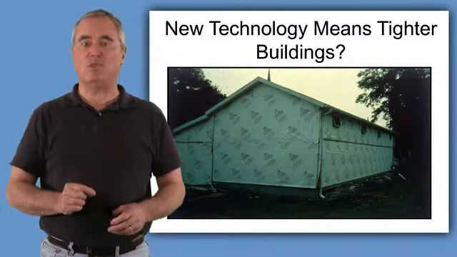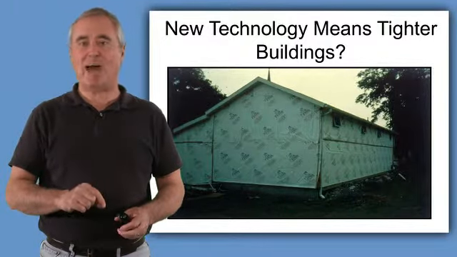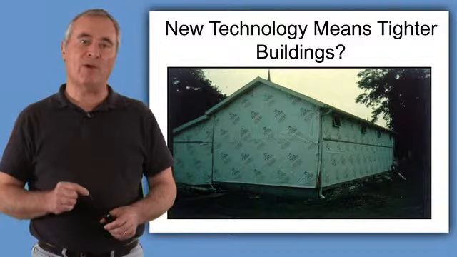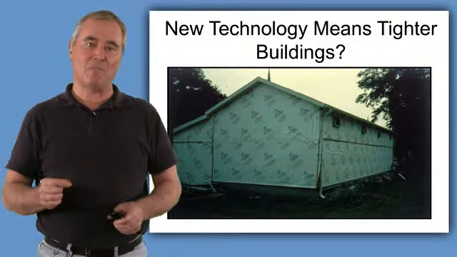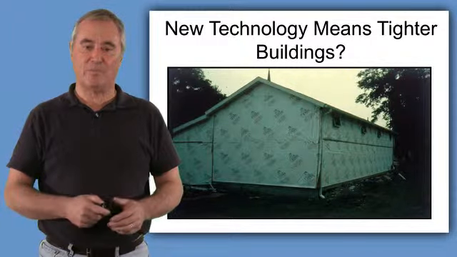One research effort showed that houses with house wrap compared to houses using just tar paper for the weather-resistive barrier, there was no difference in the air infiltration rates between the two.